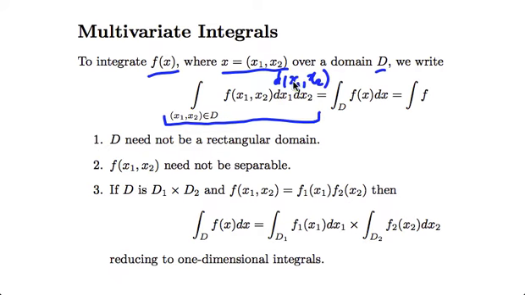So sometimes we might write something like that, and this is the full expanded notation. But sometimes people might just write integral over D f of x dx. So here x is understood to be a vector and D is understood to be the domain for that vector.